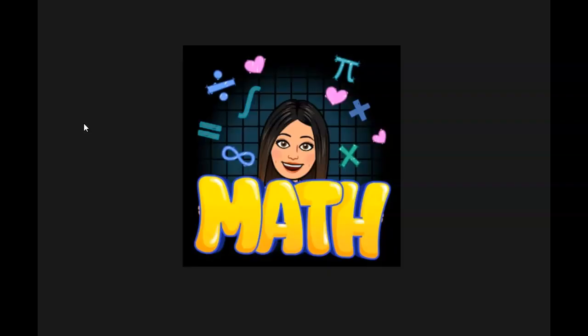If you type in using the fraction key, say I wanted to multiply that by another fraction, my answer will actually return to me as a fraction.